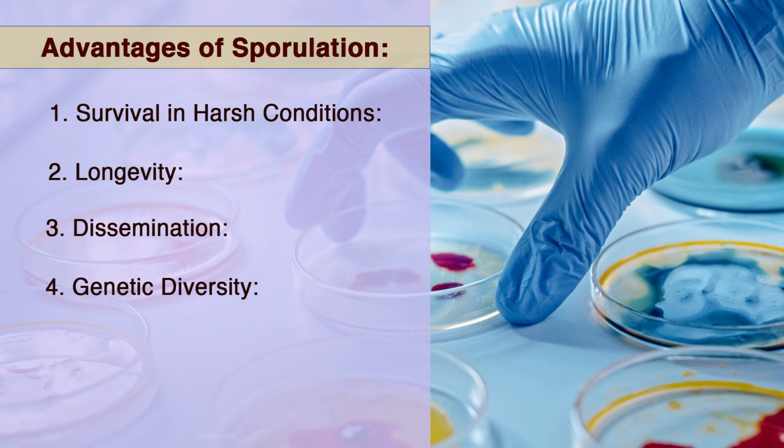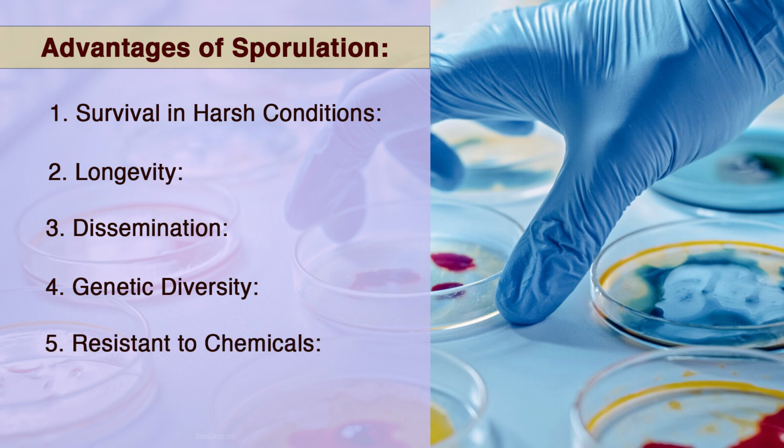Sporulation can involve genetic recombination, leading to the formation of spores with genetic diversity compared to the parent organism. This promotes adaptation to changing environmental conditions.